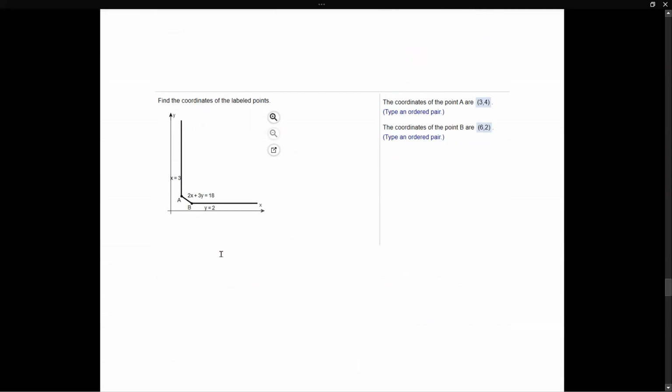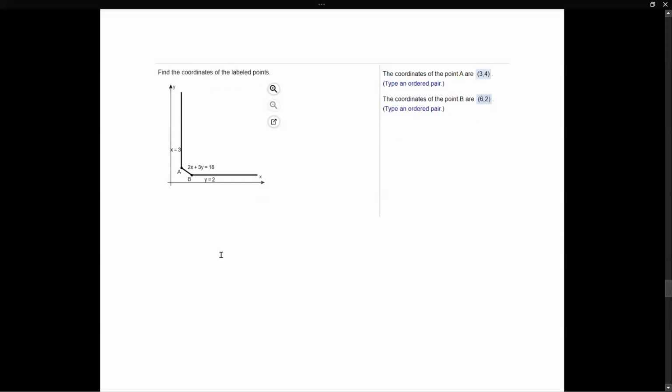Then the system of equations is that way. You can use substitution or elimination, and once you have the solution, you can use it. The system of equations may not have a solution, or it may have an infinite number of solutions. All right, you will see these in the homework and other examples. So let's find the coordinates of the labeled points.